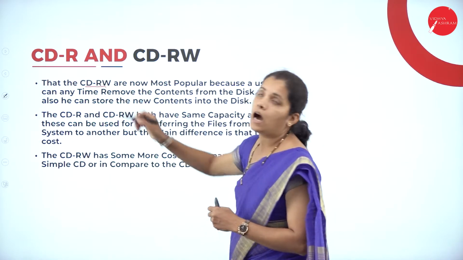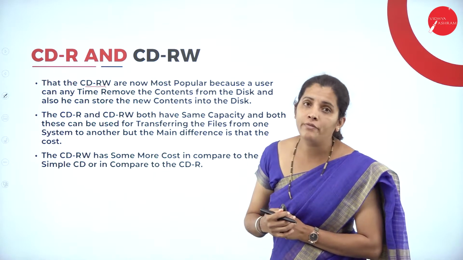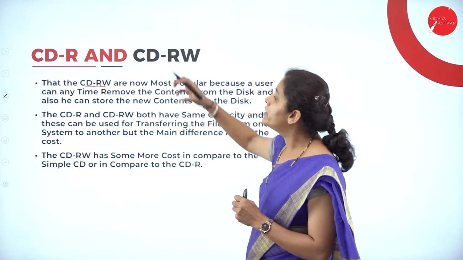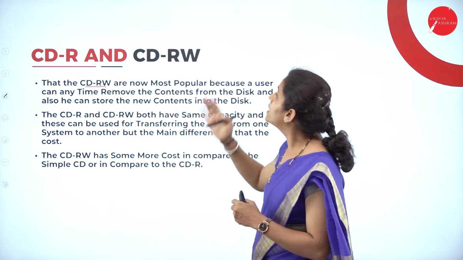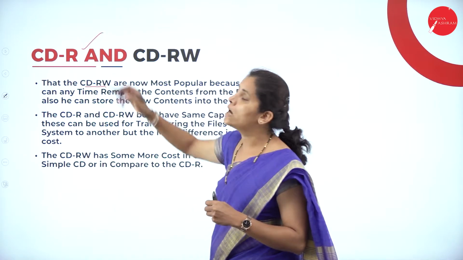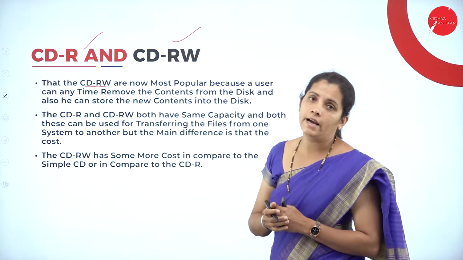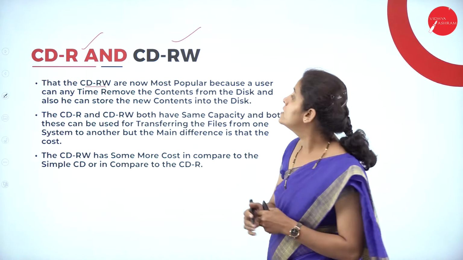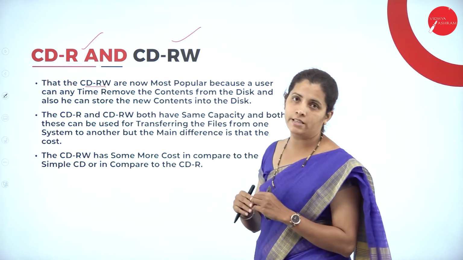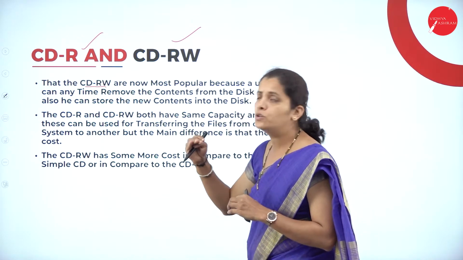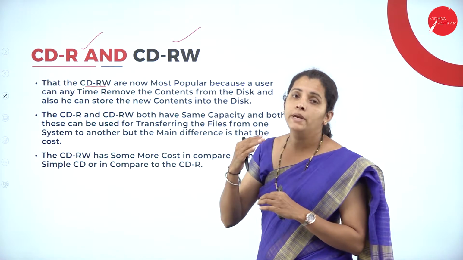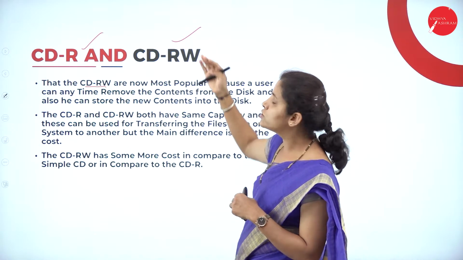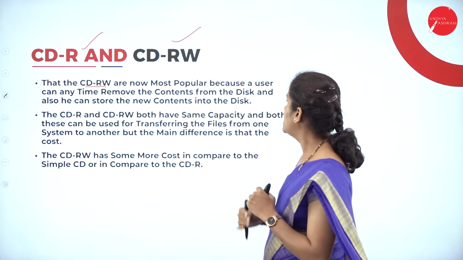The CD-RW is more famous because of its nature. When comparing to CD-R, the CD read-write is very famous because it is possible to read many times and it's also possible to write many times.